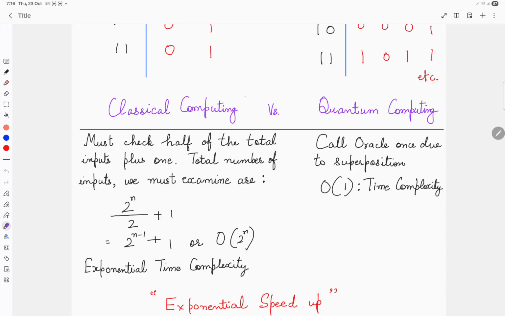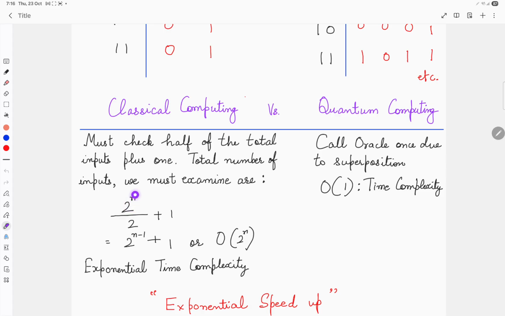So in the worst case, for the n qubit input, how many inputs are possible? 2 raised to the power n inputs are possible in this Deutsch Jozsa algorithm. We must check half of the inputs.